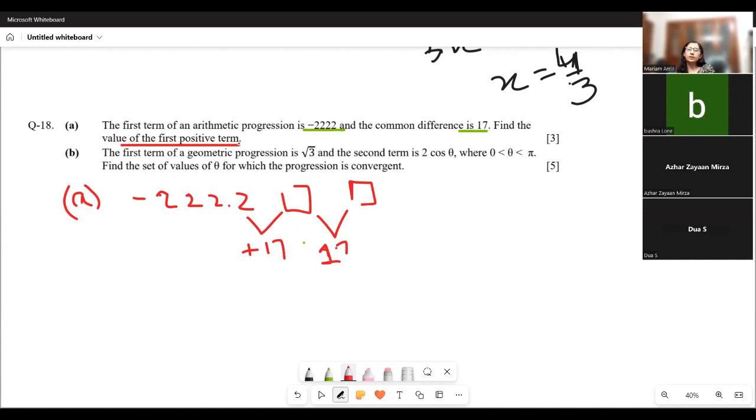The nth term is going to be positive, so I'm going to write Un, the nth term, greater than 0. Now we use the formula of Un for an AP: a plus d times n minus 1.